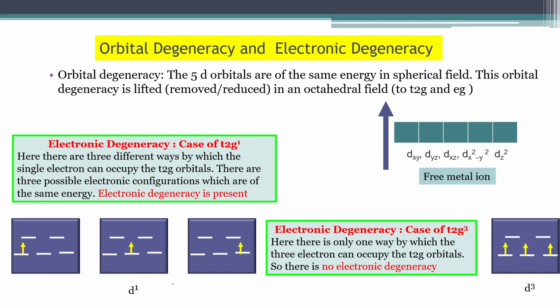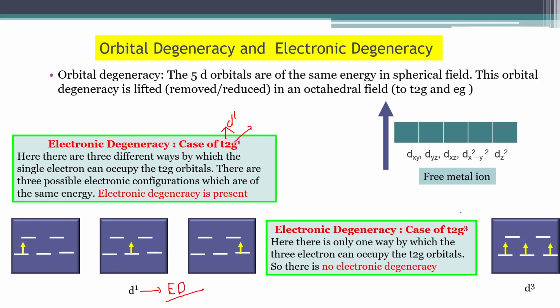And if this configuration is possible, we can say that this state is electronically degenerate. Here there are three different ways by which the single electron can occupy the t2g orbitals, three possible electronic configurations which have the same energy, so electronic degeneracy is present. So this system is an example of an electronic degenerate state.